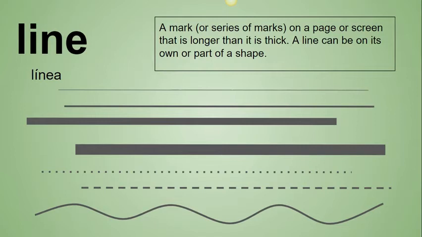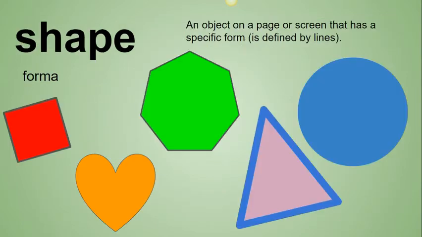Everyone say it. The next is shape. Shape, again, is a key concept in the graphic arts. It is an object on a page or screen that has a specific form, and it is defined by lines. Everyone say it.